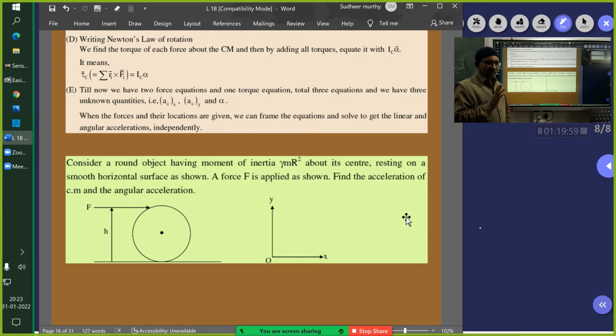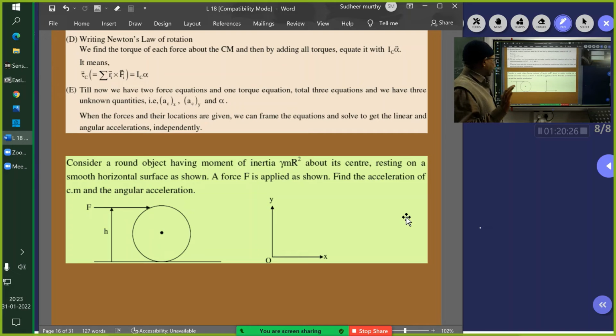Now whether it will roll or slip is secondary. First, you understand that this body will have angular acceleration and also translation acceleration. Both.